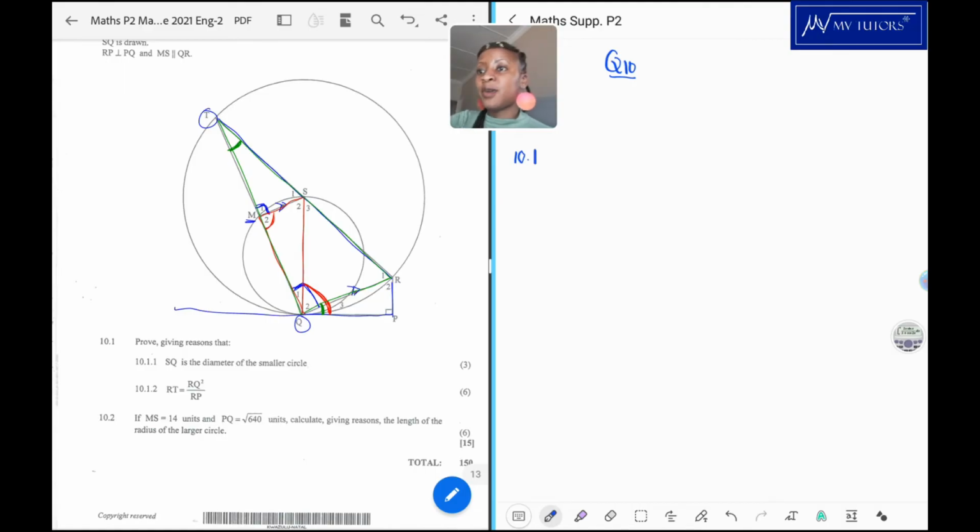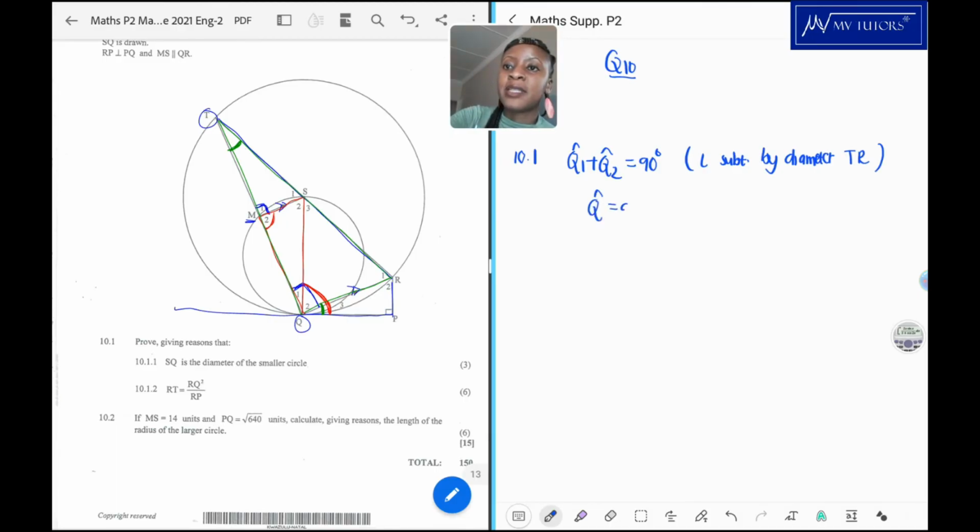First of all, how did I know that Q1 plus Q2 is equal to 90? Well, Q1 plus Q2 is equal to 90 degrees, angle subtended by the diameter TR. They told us diameter TR, so I know that Q1 plus Q2 is 90 degrees. Then Q is equal to 90 degrees.